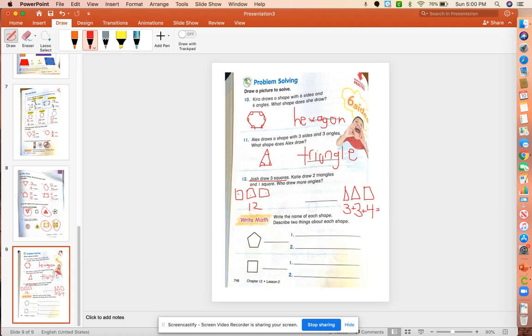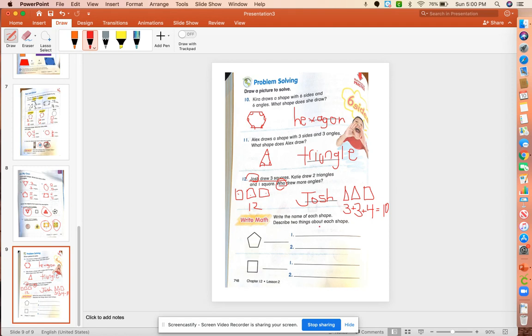Well, 3 plus 3 is a double, so we should know 3 plus 3 is 6, and 6 plus 4 is 10. So, who drew more angles? It would have been Josh. Since they asked who, we have to write a person's name here for Josh.